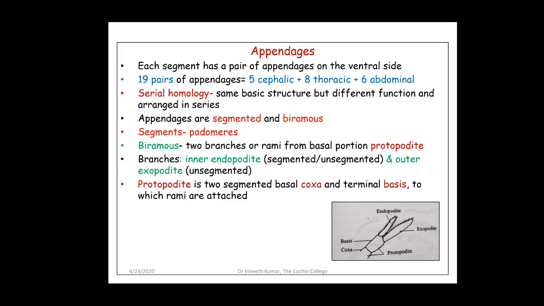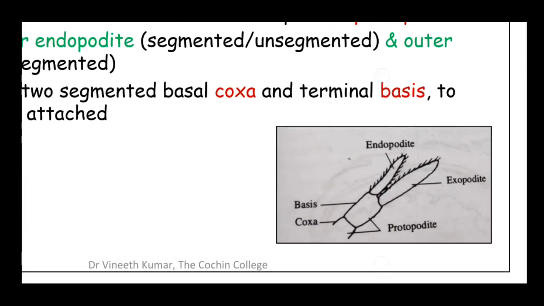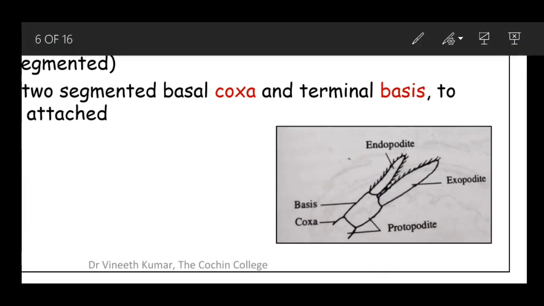So the appendages are usually segmented, and most of them are biramous. Biramous means, we'll take the basic structure of the appendage. We said that all the appendages have a basic plan, and that is why they are said to be homologous. The basic plan is that every appendage has two regions.